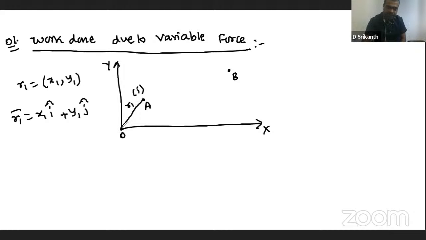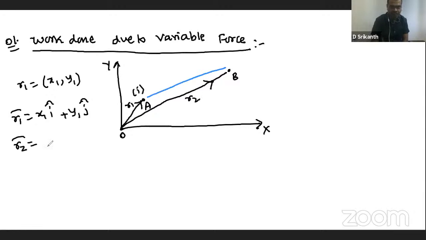Similarly, the particle moves from A to B. With respect to the origin, the particle is at a position R2, that is x2 i cap plus y2 j cap, where x2 is greater than x1 and y2 is greater than y1.